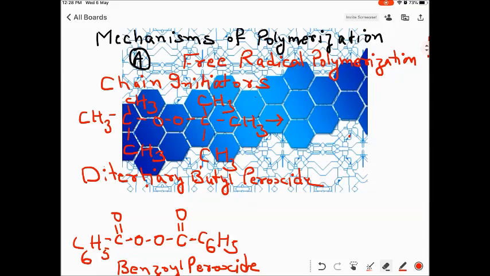Ditertiary butyl peroxide undergoes homolytic cleavage, and this oxygen oxygen bond breaks, generating two free radicals, which we can write as follows.